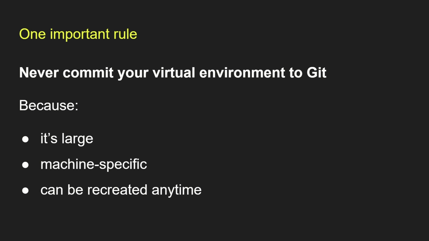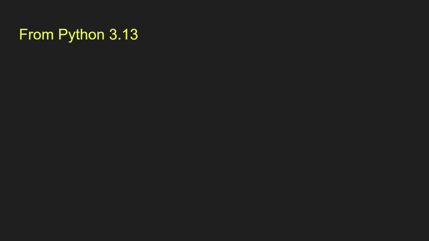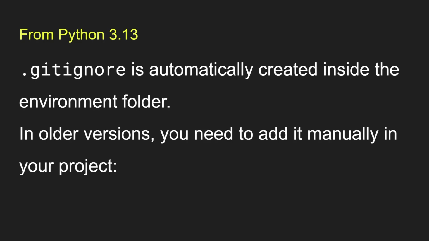In older versions, you need to add it manually in your project by typing .venv/ in the .gitignore file. Tools like Visual Studio Code or PyCharm may handle this for you, but always double check your .gitignore file. Also remember, git init does not ignore anything by default. If it's not in .gitignore, it will be tracked.